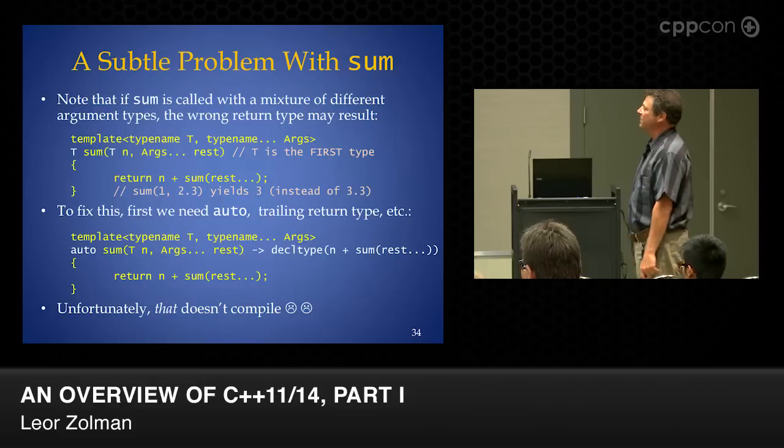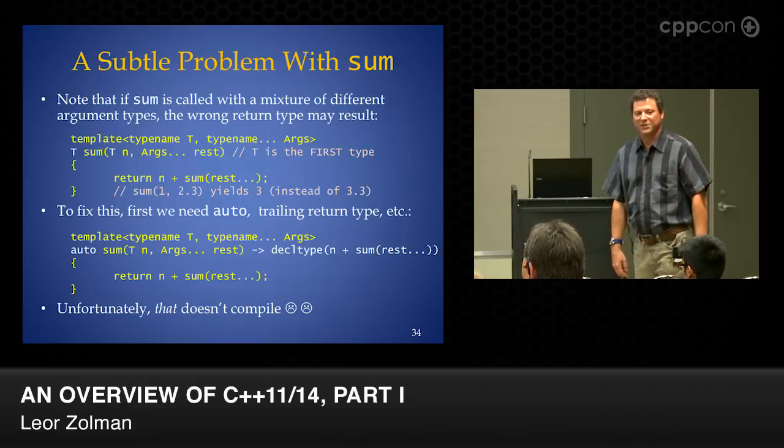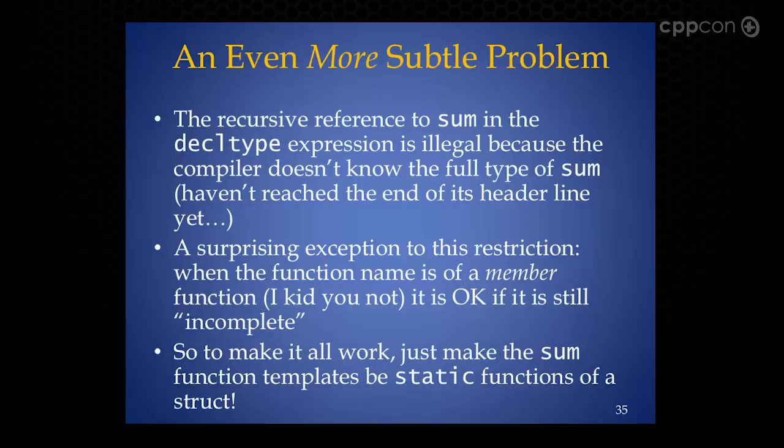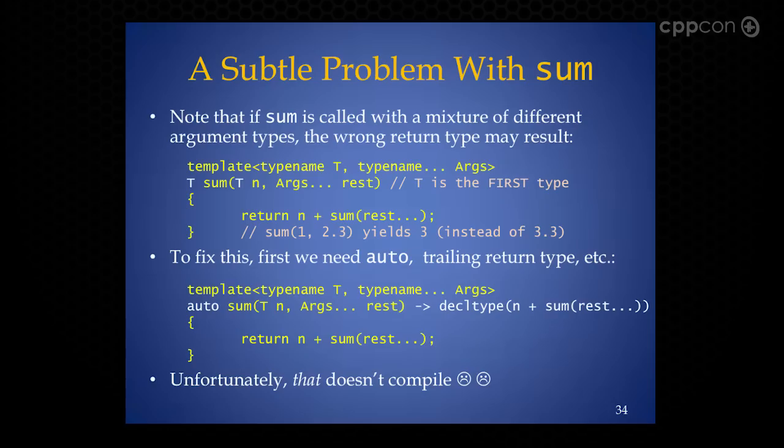And the reason it doesn't compile is a little bit of a surprise. The recursive reference to sum is illegal because the compiler doesn't really know the type of sum yet. So if we go back here, how can it determine the type of all this if it doesn't really know what, it's a chicken or egg problem, and the compiler rejects that, and you get a compile error.